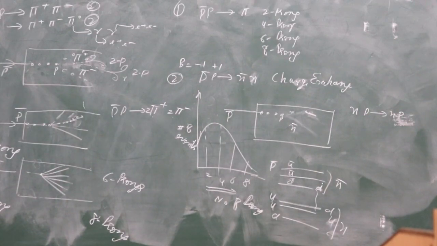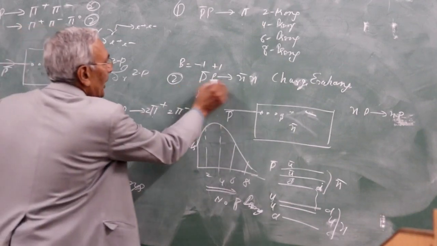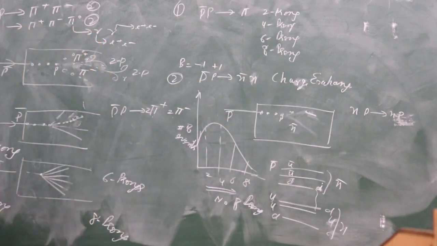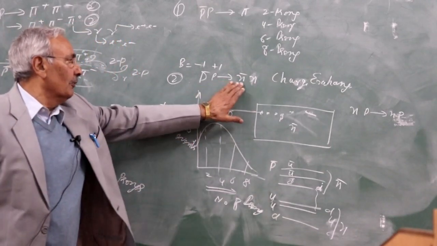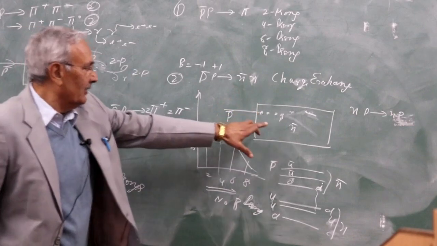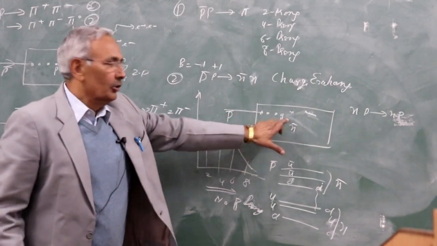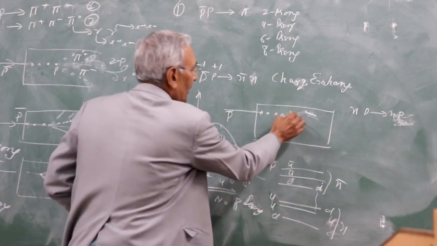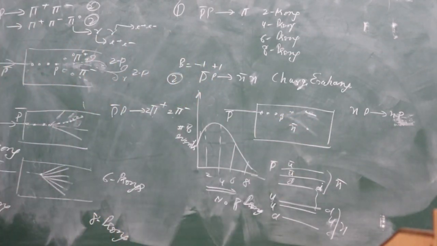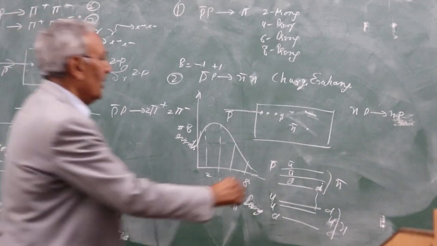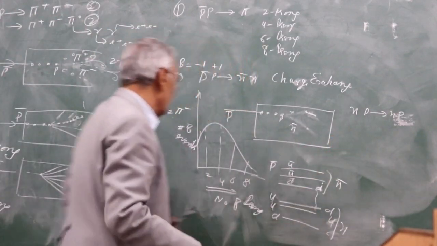So what is the second experiment? The second experiment, what you are doing in this one, n bar p. You have two experiments, no? Yes, sir. So the second experiment is your n bar p. This is your n bar, this one. It is now moving, and it may interact with a proton. So you will have an n bar p interaction. Some of you might be able to see.